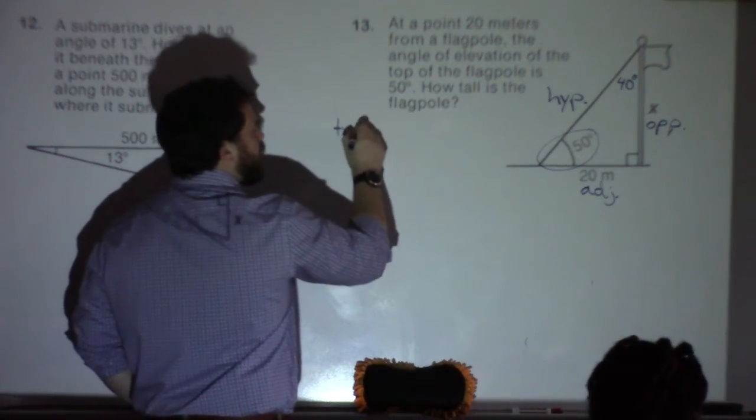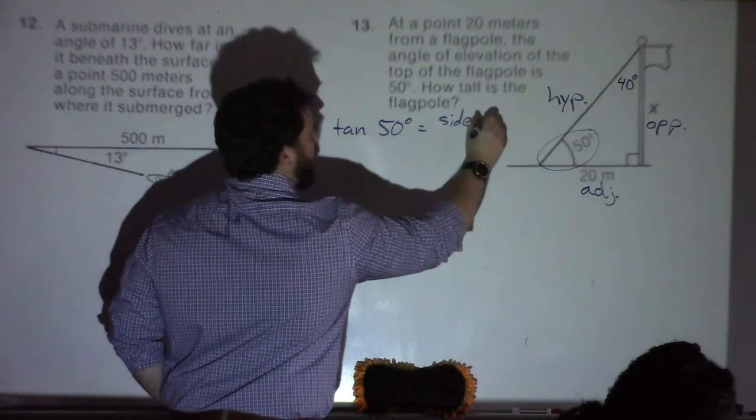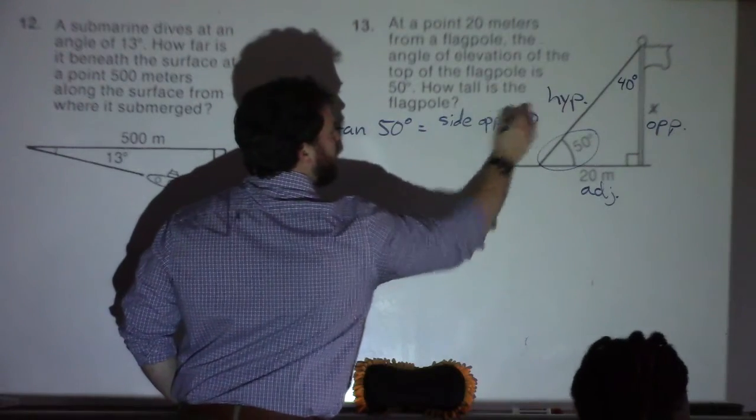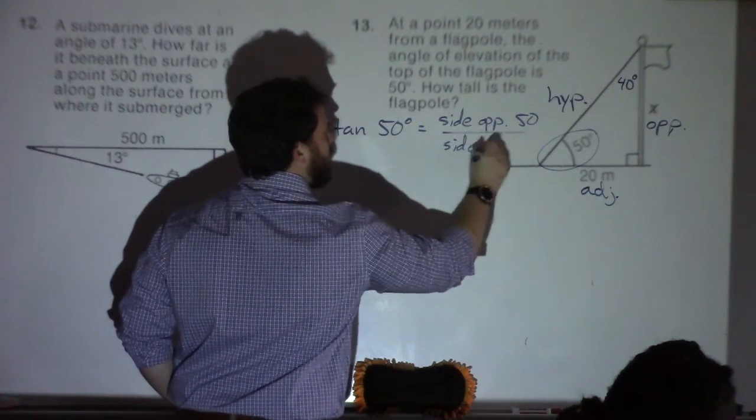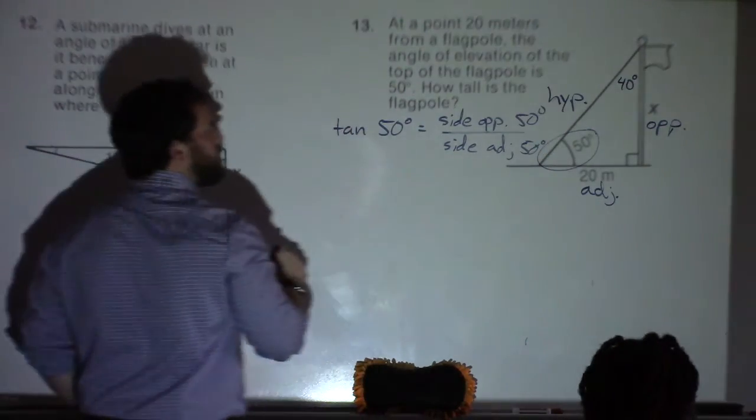Okay, so then I might say the tangent of 50 degrees is equal to the side opposite 50 divided by the side adjacent to 50 degrees, thank you.